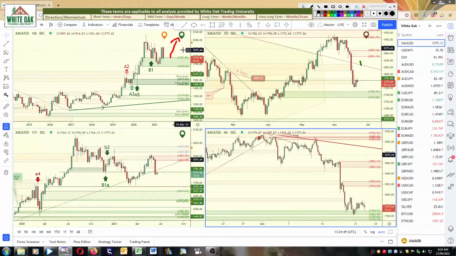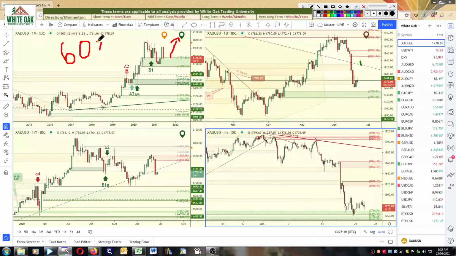There's a good chance, all right? But if I was to say, here's the charts, what do you think the chance that price is going to move up right from this spot right here? If I had to just give a number, I would say probably about a 60% chance, okay?